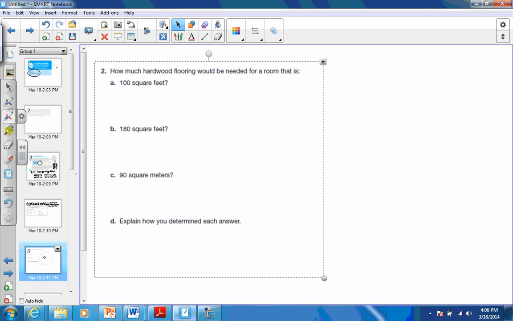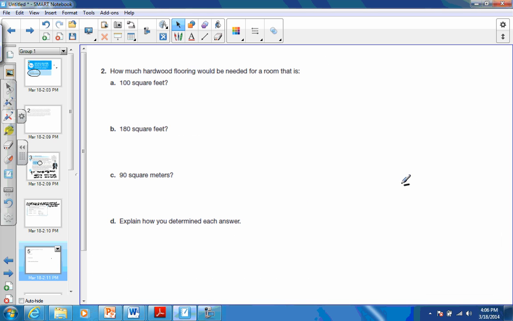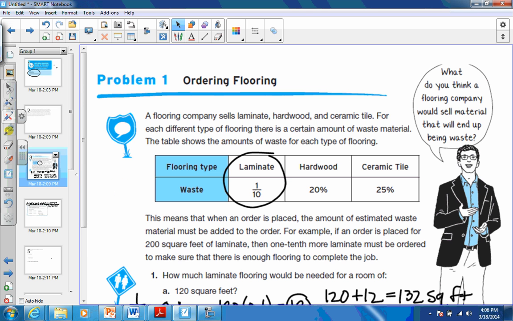the next piece asks us about hardwood flooring. So I'm going to go back to problem 1, and let's look at hardwood flooring, which is 20% waste. So again, we're going to take what they give us as a given measurement for how much they think they need to cover the space on the floor, and then we have to add that 20% extra on there to make sure we have enough, and then we'll have that extra excess waste.